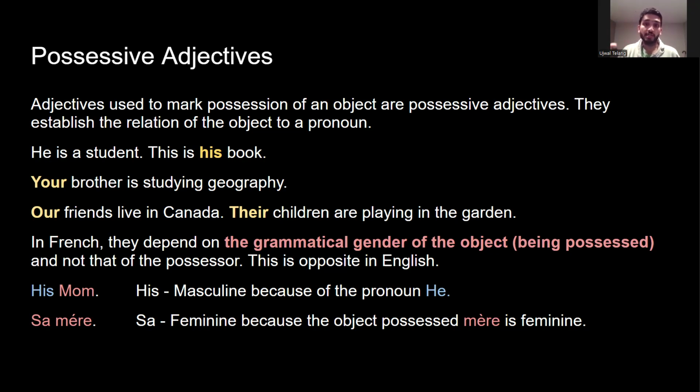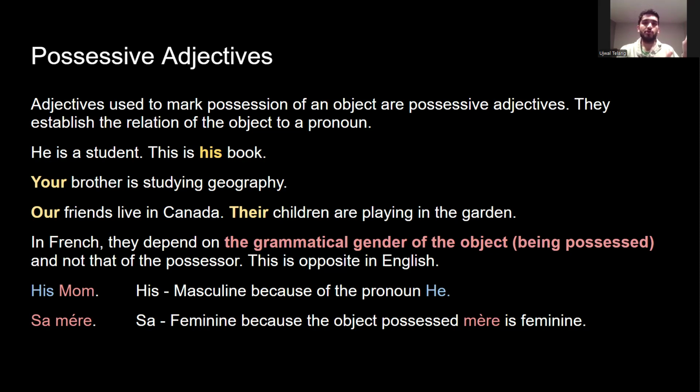In French, possessive adjectives depend on the grammatical gender of the object or noun specifically being possessed and not that of the possessor. Okay, so his mom tells us that it is the mother of that guy, right?